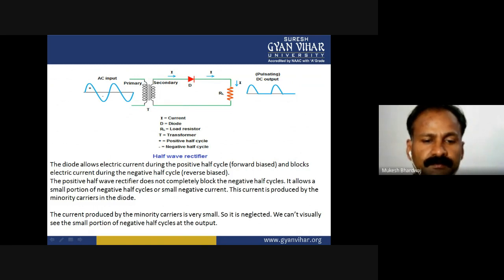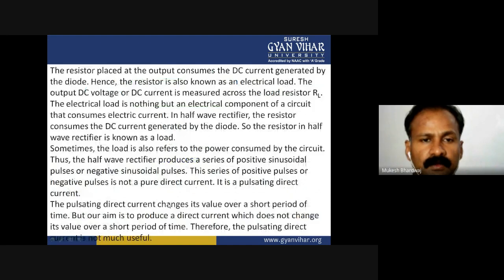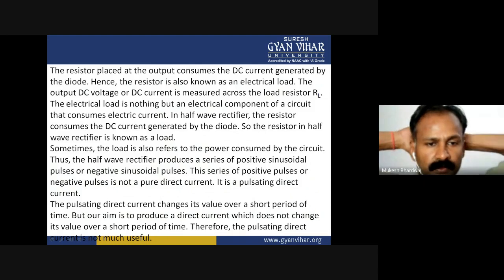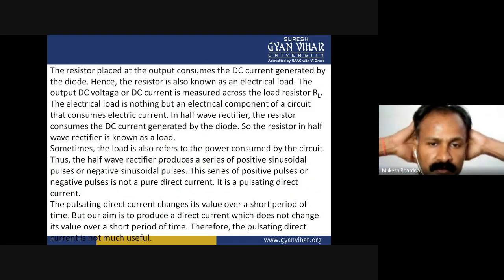Next, the resistor placed at the output consumes the DC current generated by the diode, and the resistor is also known as the electrical load. The output DC voltage or DC current is measured across the load resistance RL.